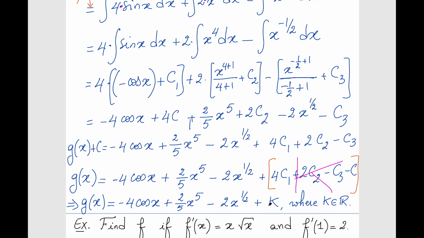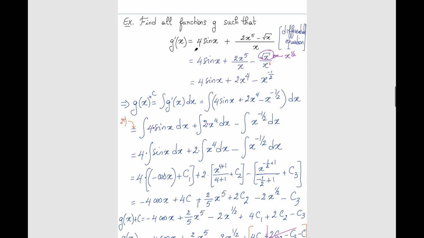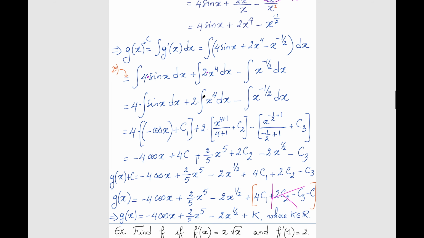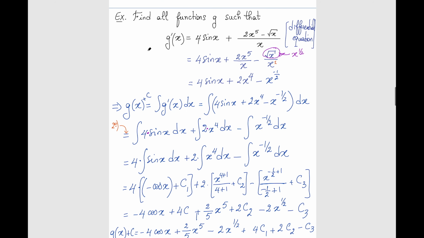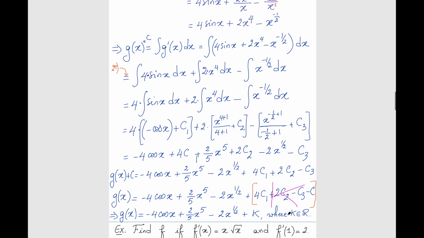Make sense? All right. So this G answers the question. What's the question again? The question is, find all functions g such that g prime is equal to this. These are all of the functions. Any function g that does this job, once you differentiate it, you get 4 sine x plus this quotient, is given by this.